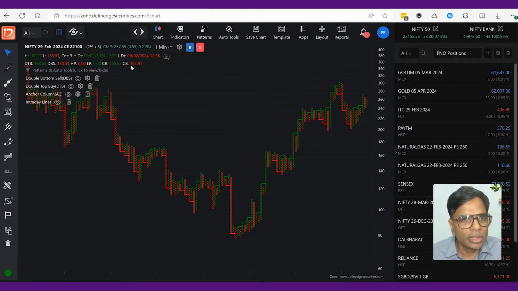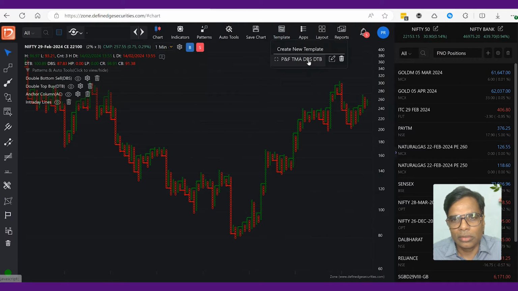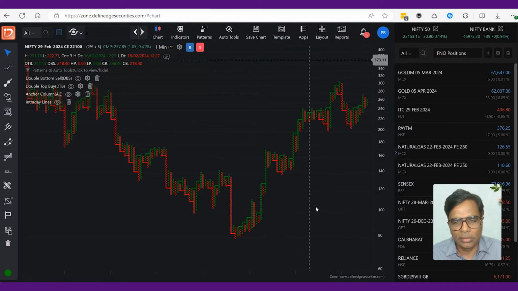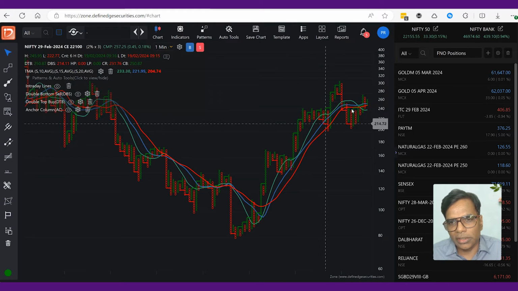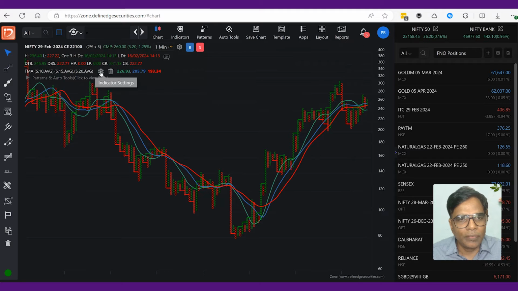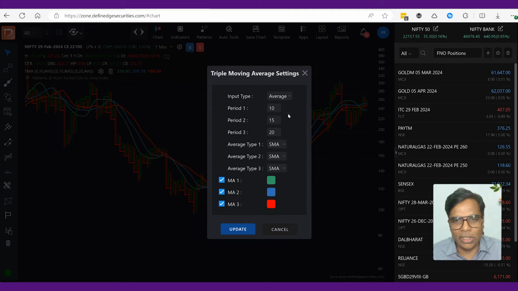So this is a triple moving average. These are the different averages that we are going to use: 10, 15 and 20 simple moving averages.